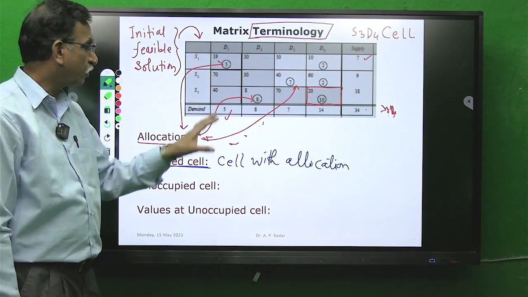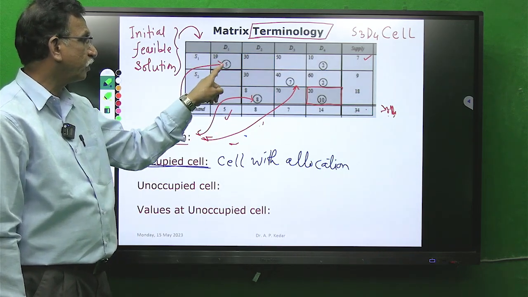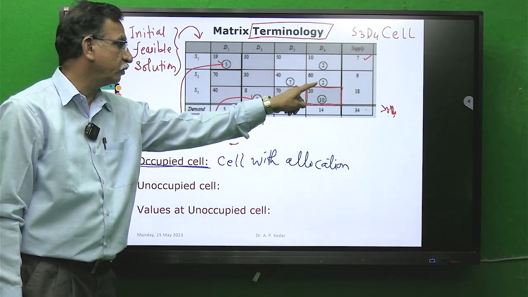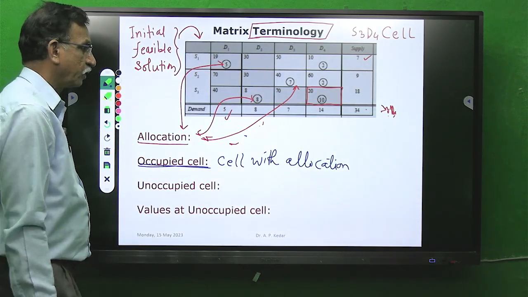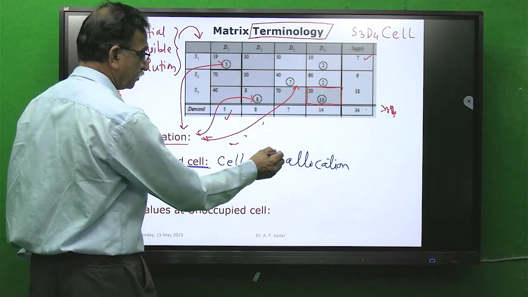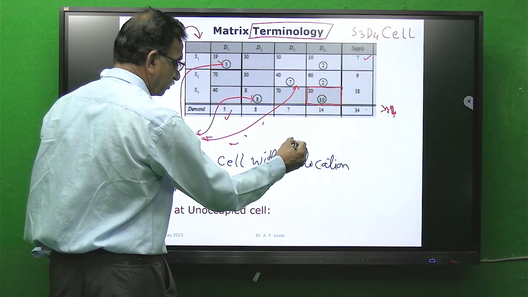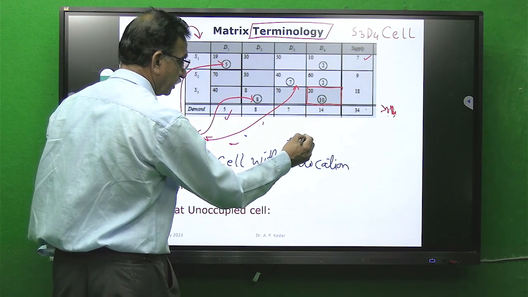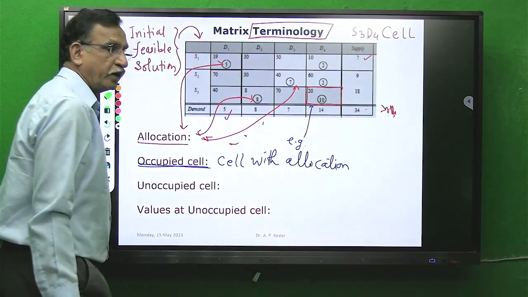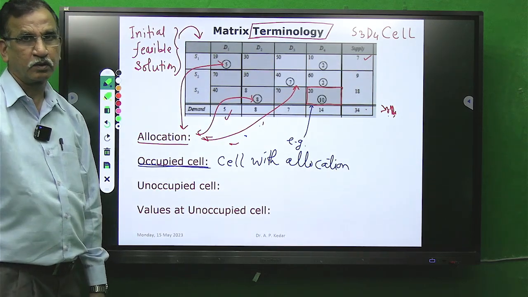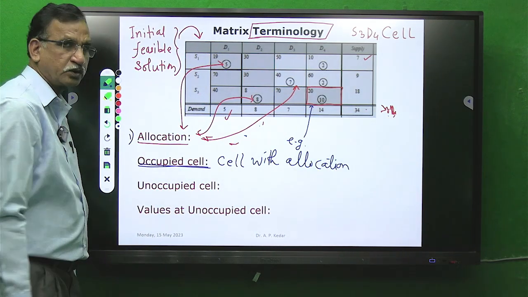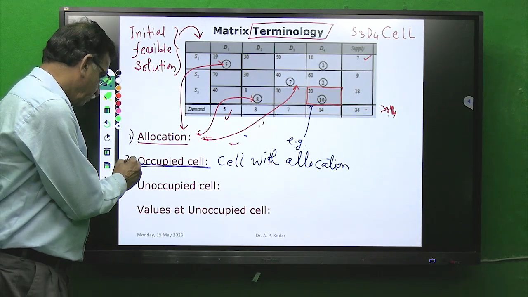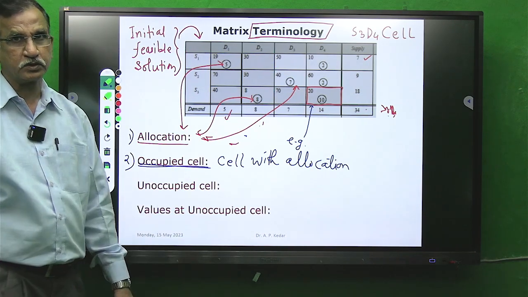Means for this particular problem we have 1, 2, 3, 4, 5, 6 occupied cells. So an occupied cell is a cell with allocation. Clear? First we have seen what is allocation. Second we have seen what is an occupied cell.